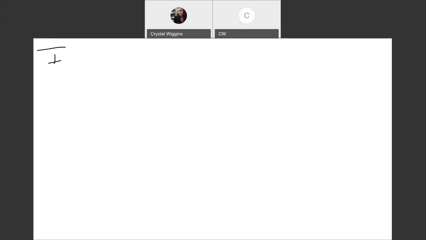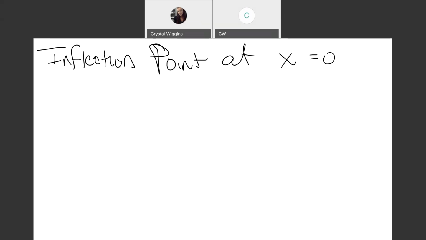So we have an inflection point at x equals 0. We know that we have a min. We found that we have a min at x equals 3.